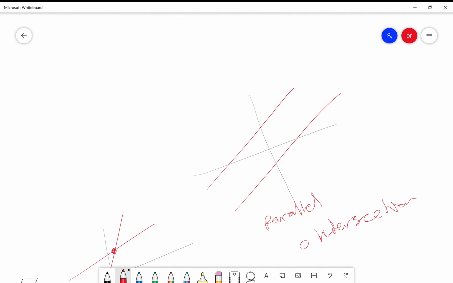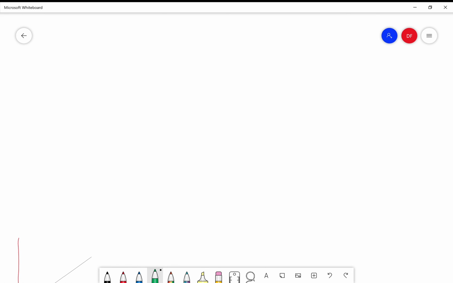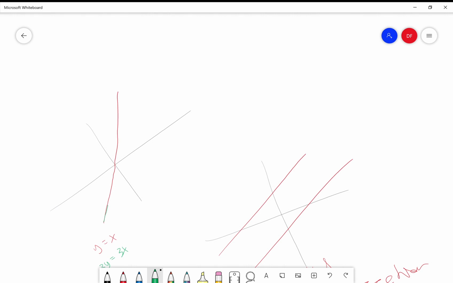Or I could have a line like y equals x, let's say, okay, and I could have another line, let's say 3y equals 3x, which is exactly on top of this line.